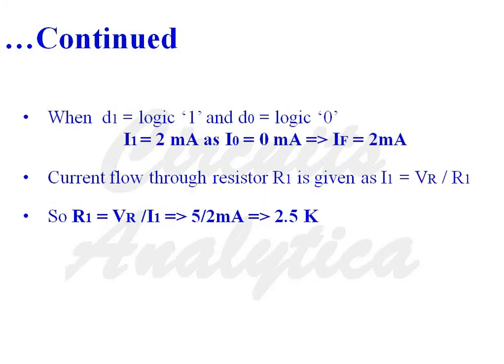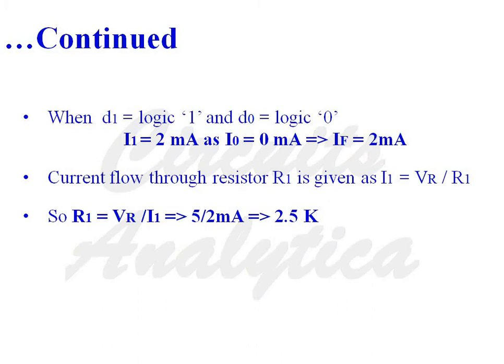When D1 is equal to logic 1 and D0 is equal to logic 0, current flow through the first resistance of value 5K is equal to 0 milliampere, as its input is connected to ground, and current flow through the resistance R1 is equal to 2 milliampere.